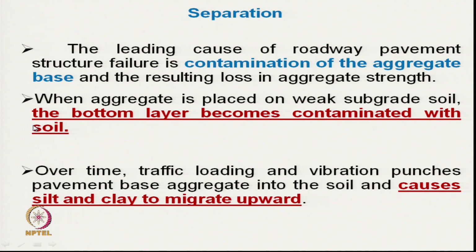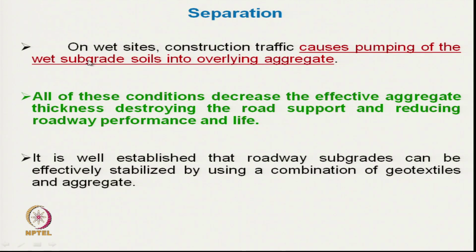Soil will penetrate inside the aggregate. To prevent that, we must use geotextile. On wet sites, construction traffic causes pumping of the wet subgrade soil into overlying aggregate. So, due to the pressure, the soft subsoil gets pumped into the aggregate.